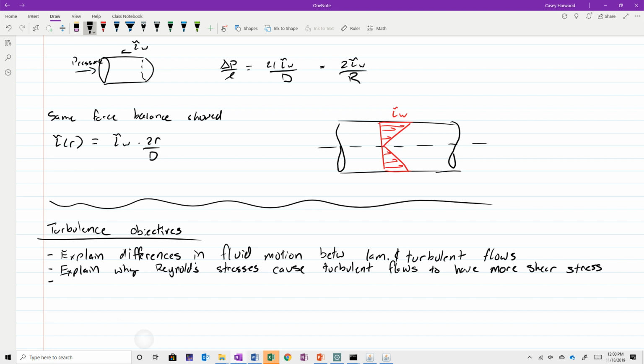And describe the distributions of velocity and shear stress across a pipe cross-section. Okay, so this is all kind of qualitative stuff.